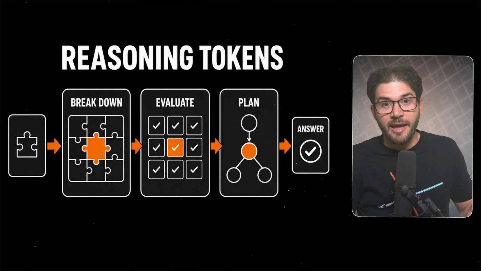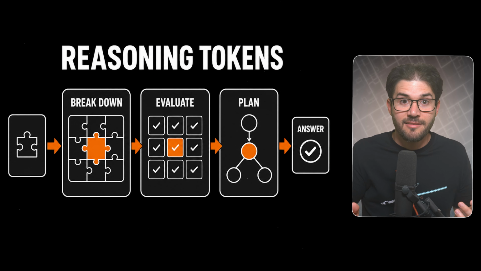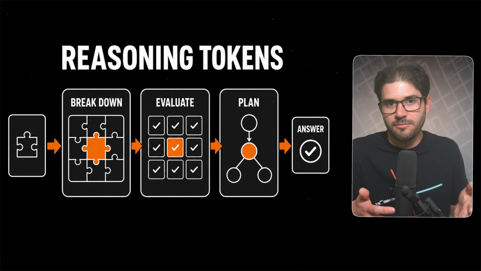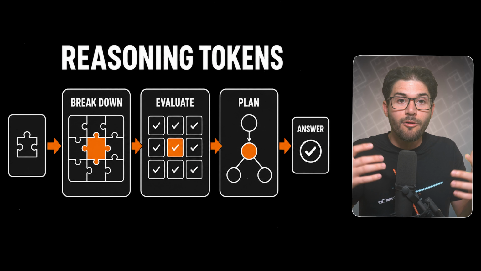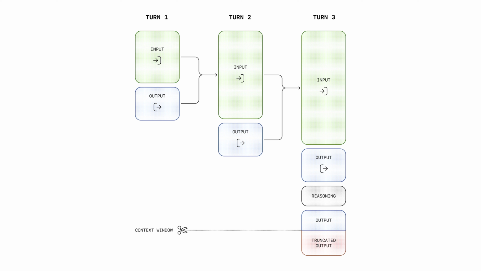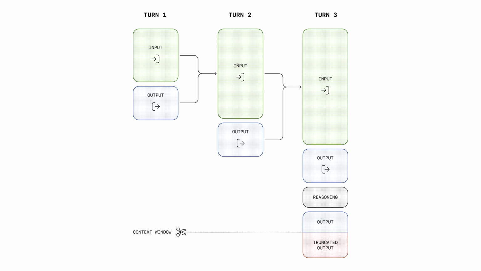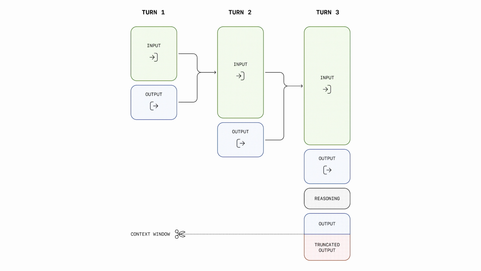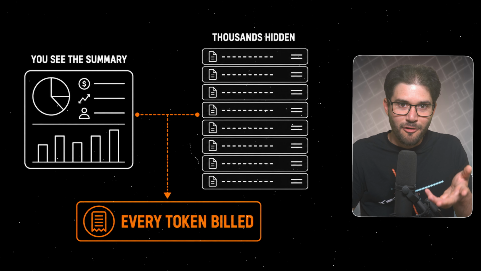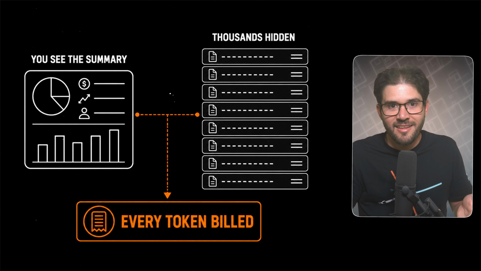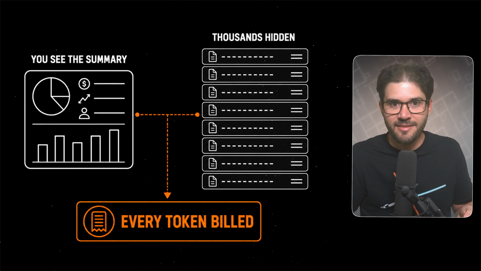Anyways, the third type of hidden tokens is reasoning tokens. Because you see, modern AI agents are designed to think before they answer. They generate an internal monologue, a chain of thought, where they break down the problem, evaluate options, and form a plan. And this whole process, can you guess what it is made of? It is made, of course, of more tokens, sometimes thousands of them.